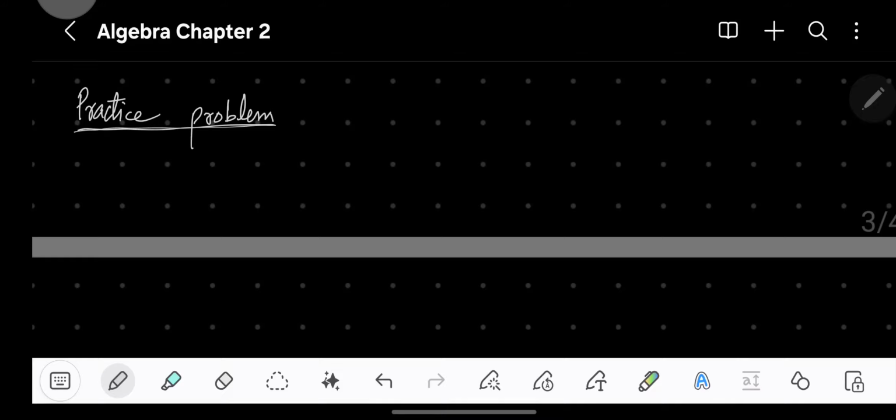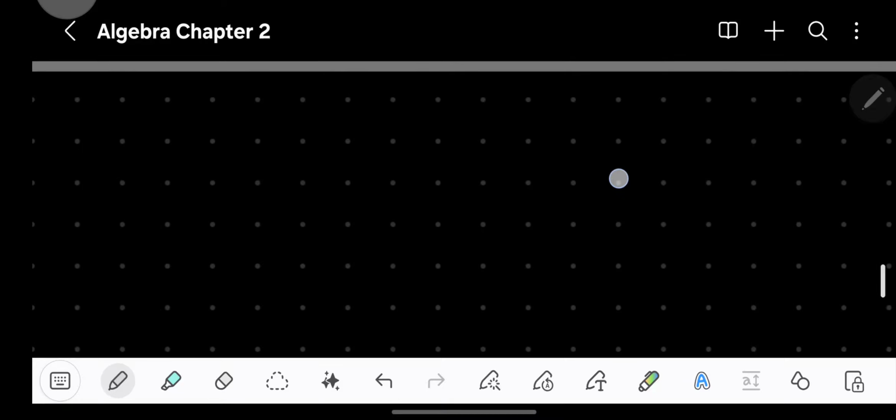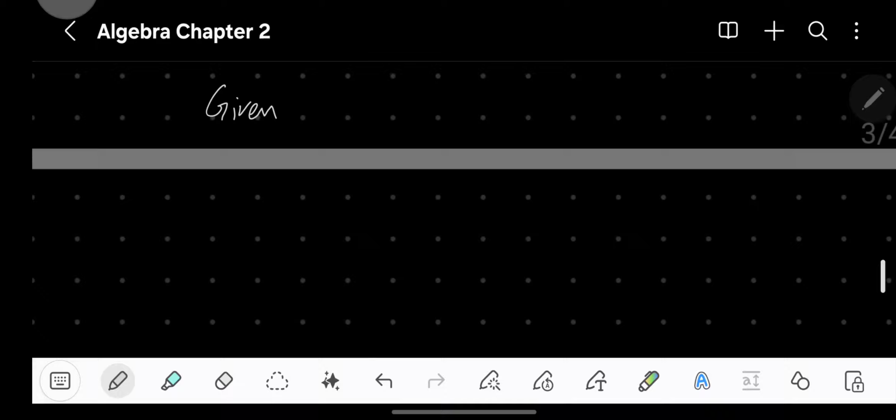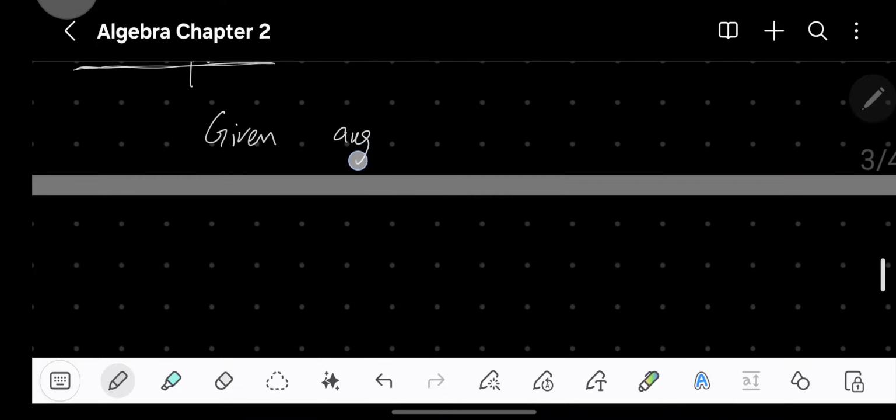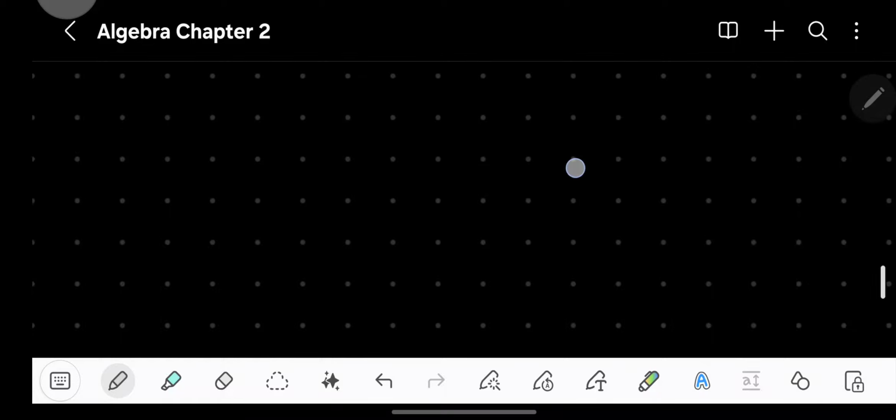Now we have another practice problem. In this practice problem, we are given an augmented matrix. Sometimes we call it an extended matrix or sometimes an augmented matrix.